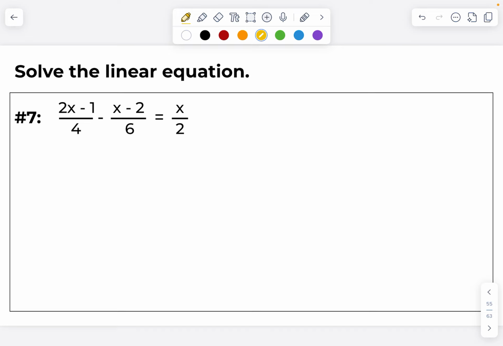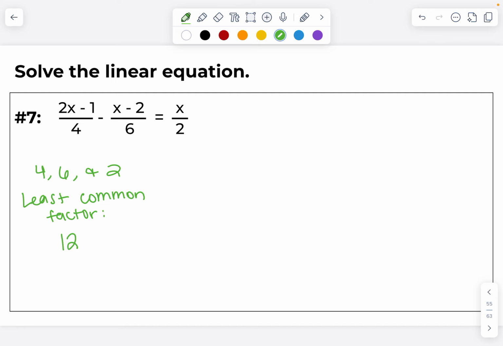So for 4, 6, and 2, our least common factor, so again, it's the number that they all divide into that's the smallest, is actually going to be, oh, not 6, sorry, 12.